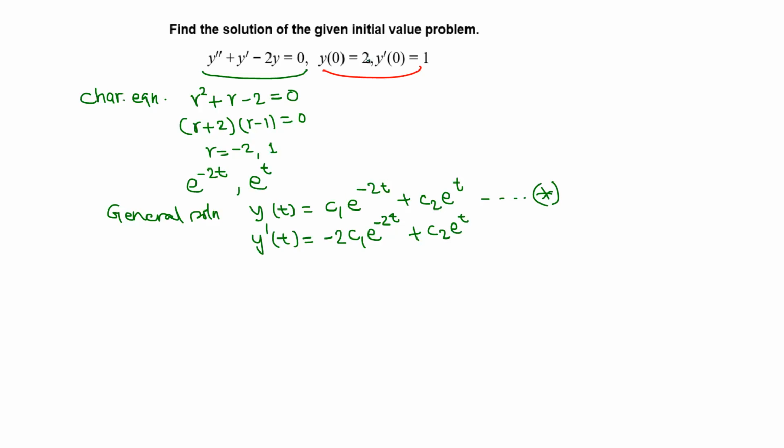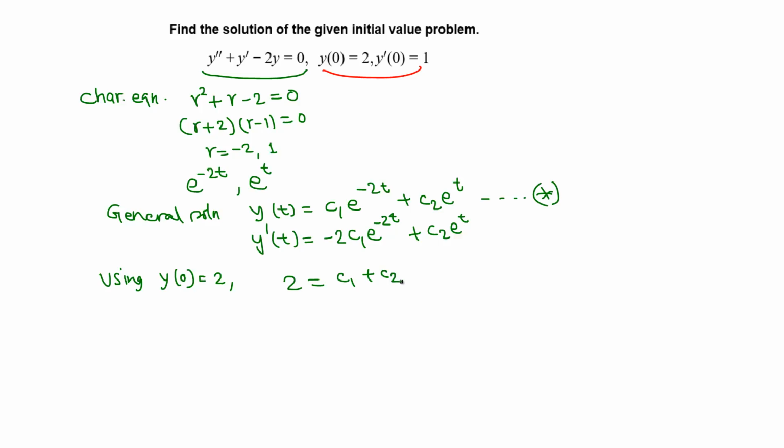So let's use the first initial condition, y at 0 equals 2, in the first equation. The y value is 2 when t is 0. So 2 equals C1 times e raised to negative 2 times 0, that's e raised to 0, which is 1. So C1 plus C2, since e to the 0 is also 1.